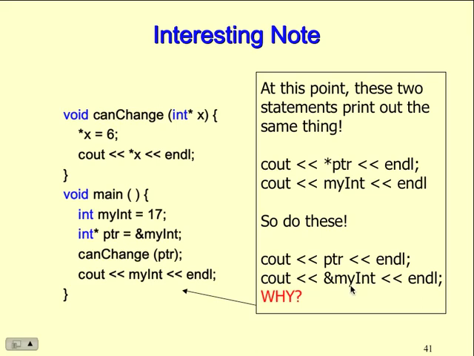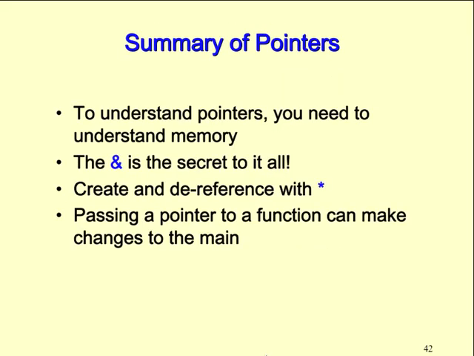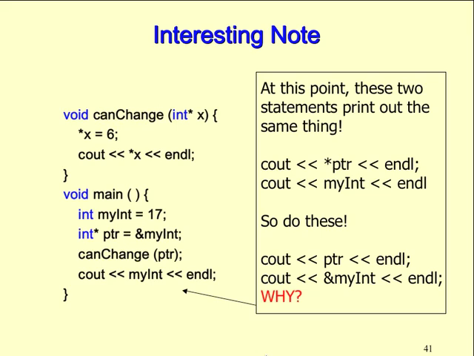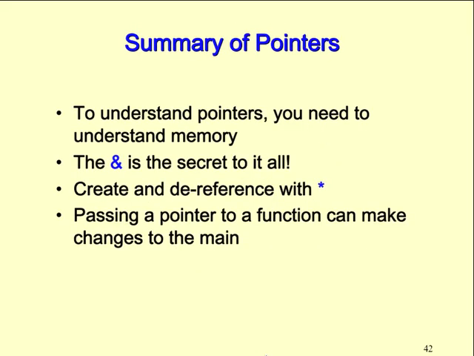The address of my integer is 7. PTR is pointing to 7. So we're printing out the addresses, which answers the question, why are they the same? Because they're both pointing to the memory address 7, essentially. Which means we can use them both the same, and whatever we change at memory address 7 changes for both of them. Which is where things get kind of tricky sometimes.